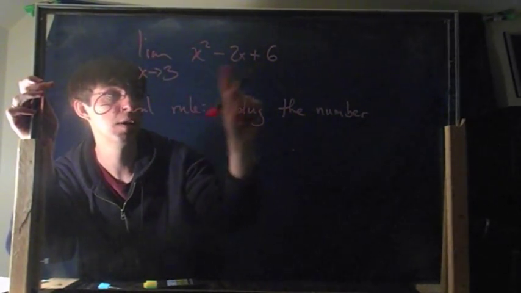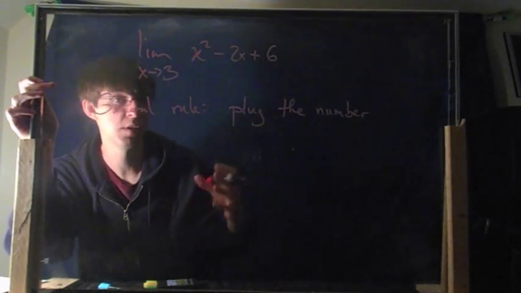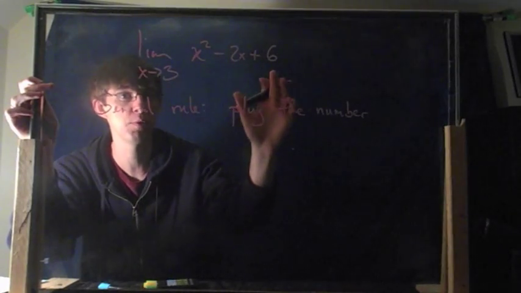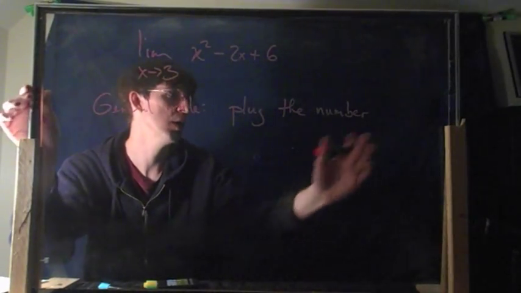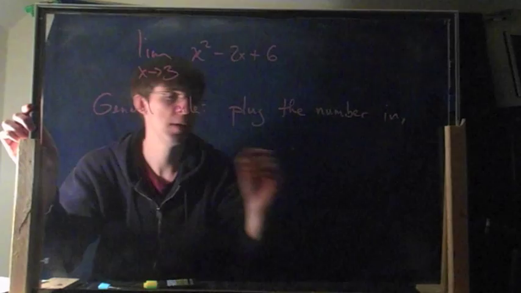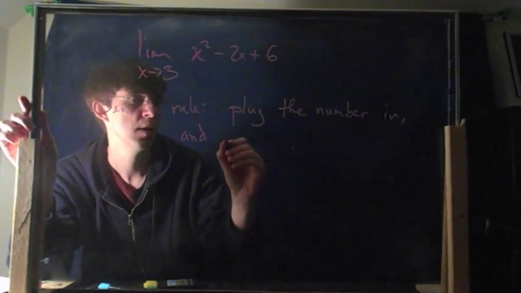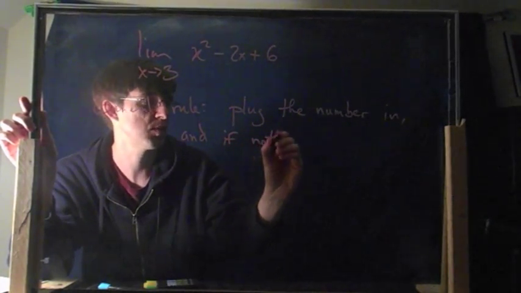I want to know what are the values of this when x is close to 3. Well, usually that's going to just be the same as whatever the value is when x actually is 3. So you plug the number in, and this is slightly informal, but it works most of the time, if nothing weird happens.